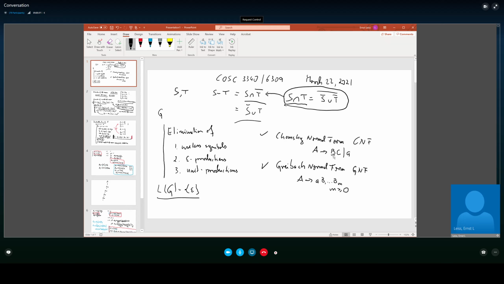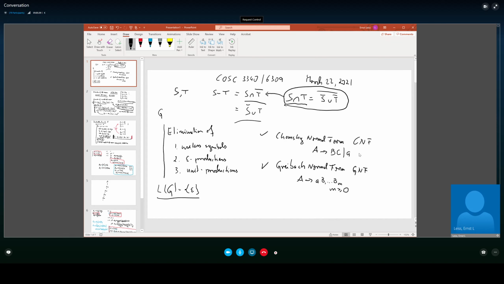Chomsky normal form, of course, generates from a variable two variables or a single terminal. Greibach normal form generates something that always starts with a terminal and then has 0 or more variables following.